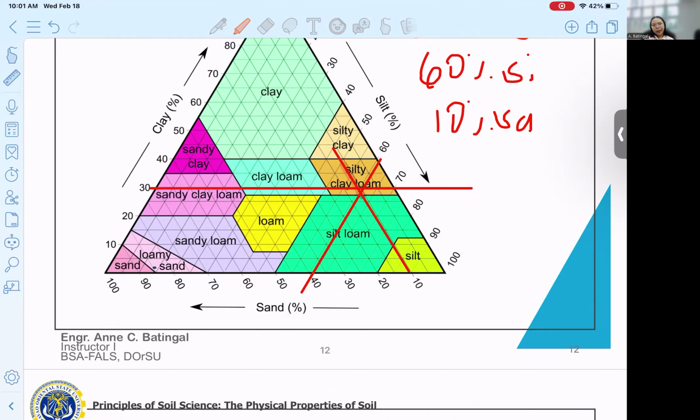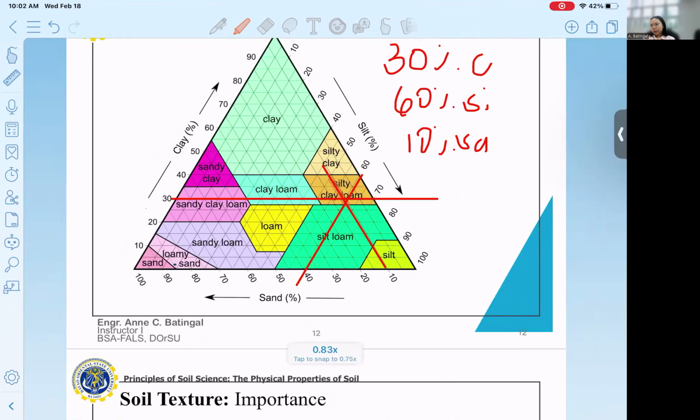The proportions always add up to 100. It cannot be more than 100. For instance, if your sand is 100%, then more or less your soil is sand, and your clay and silt are zero. This means not all three soil separates need to be present. It could be two or three in various proportions.